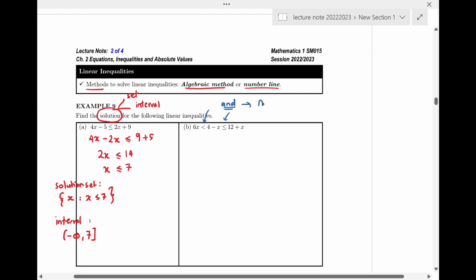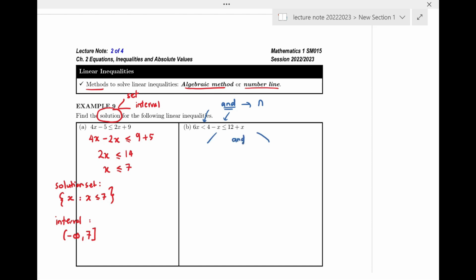You also learned this in topic 1. Now we first separate these into two inequalities. I put 'and' in between so that we know when to combine them with our number line.